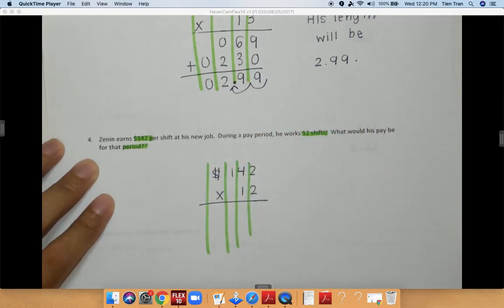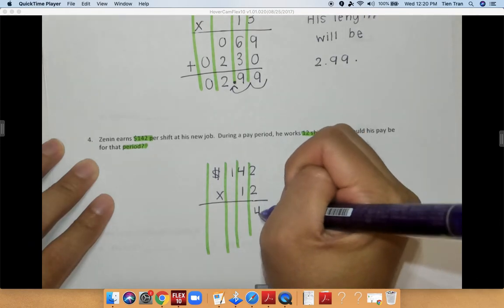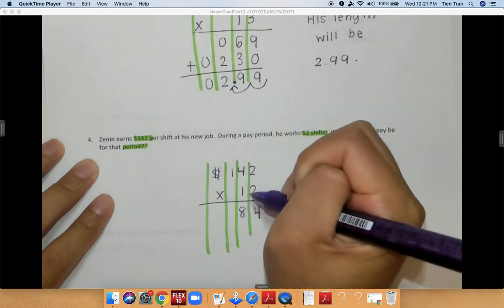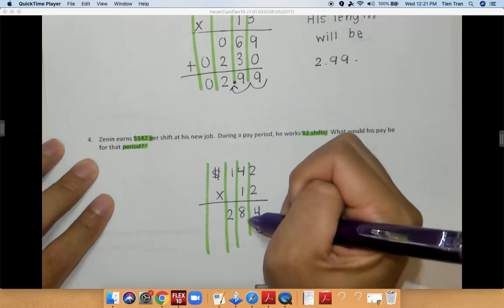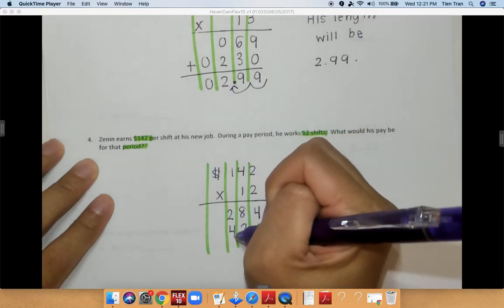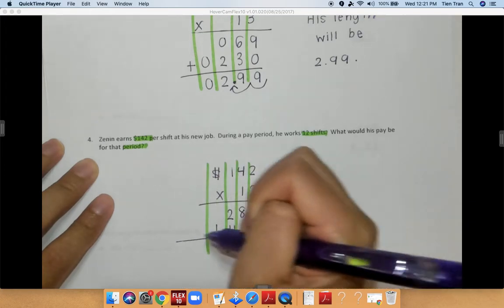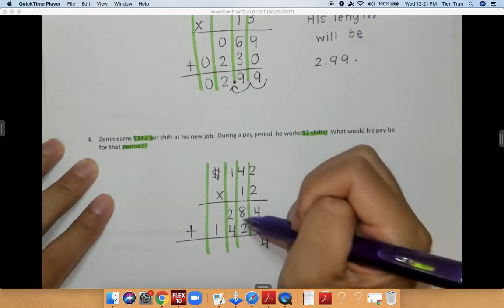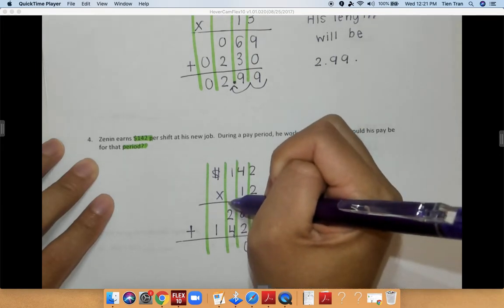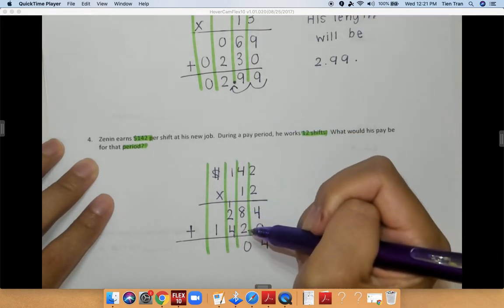Going to make sure I draw my lines so that my numbers are aligned and it helps me. So 2 times 2 is equal to 4. 2 times 4 is equal to 8. 2 times 1 is equal to 2. Bring down my 0. 1 times 2 is 2. 1 times 4 is 4. And 1 times 1 is 1. Going to add all of my numbers together. 4 plus 0 is 4. 8 plus 2 is 10. 4 plus 2 plus 1 is equal to 7.